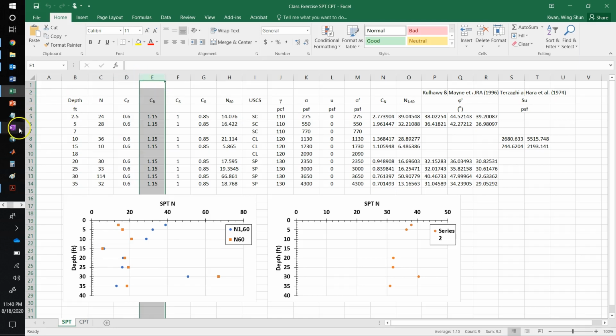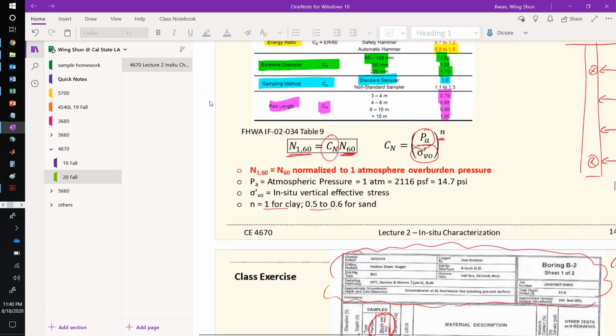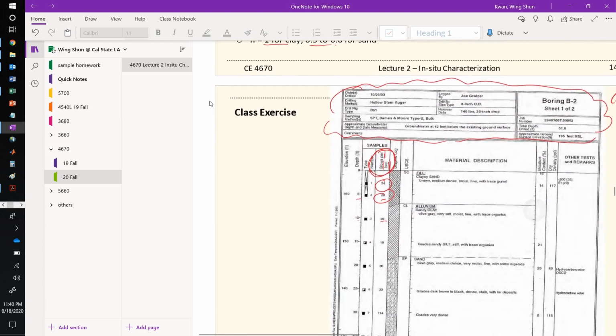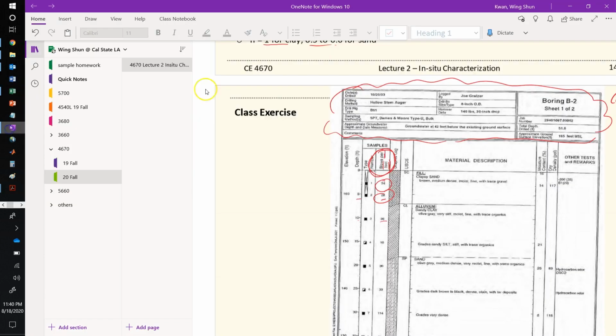Also, C sub B is the borehole diameter correction, based on the size of the boreholes. Hopefully we have that information right there. So we know this is 8 inches outside diameter, and with this information we can pick the C sub B. This is a standard sampler being used, so we use C sub S equal to 1. Here may not give you enough information, so you need to make some assumptions.